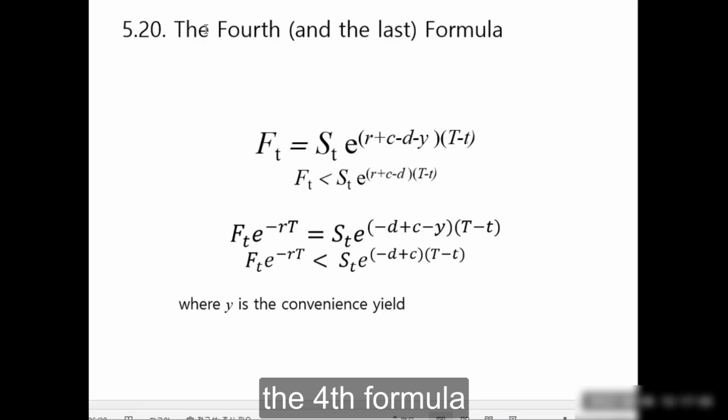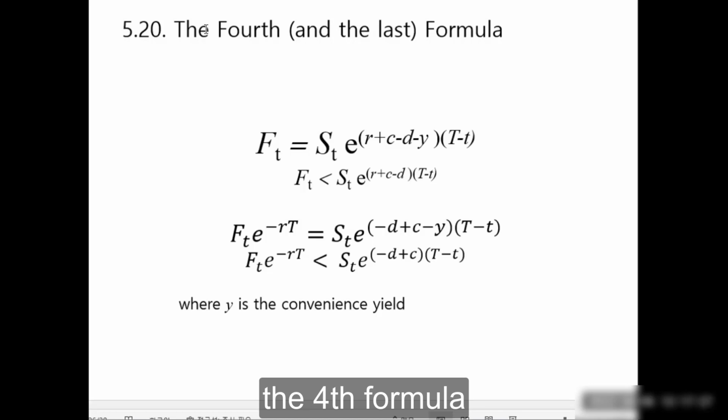You may see them in the marketplace. This number is hard to see because it represents the degree of satisfaction of having something physically instead of having something in the forward contract. So it's hard to see in reality. It's just a rather abstract concept.